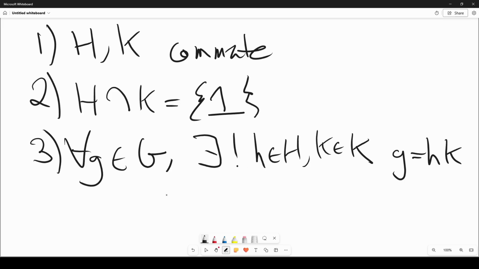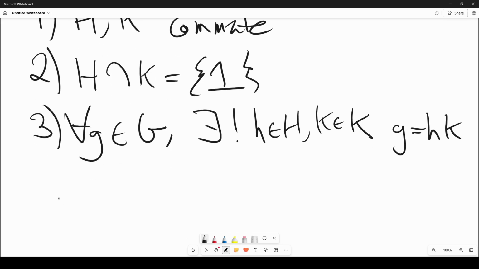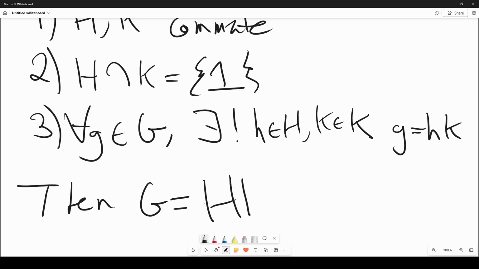So this tells me that I can take any element in G and write it as hk. Then G is going to equal HK, the subgroup product, which is isomorphic to H cross K. And so I can factor it as such, H cross K.